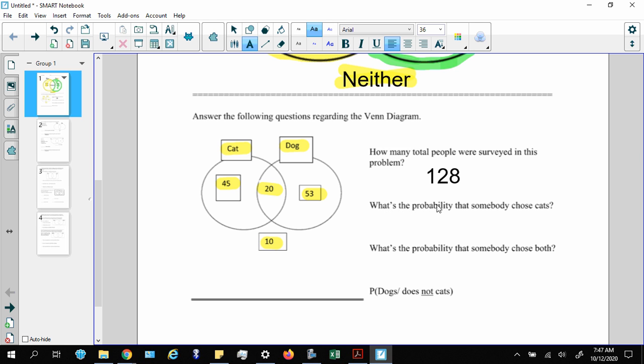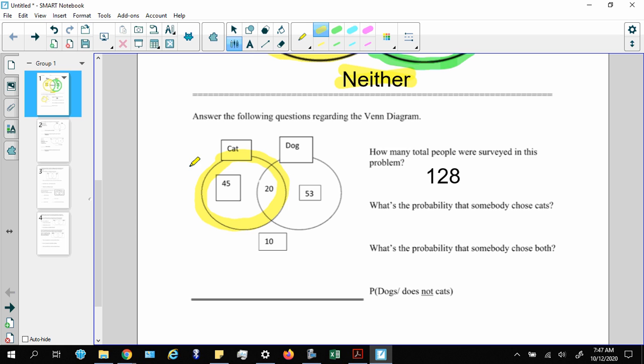Now we start dealing with being able to read the Venn diagram. What is the probability that someone chose cats? Here's the thing: all we're looking for is cats, and this is where it can be a little confusing. It doesn't say something like cats, not dogs. It just says cats, so it doesn't matter if there's a dog in the house.